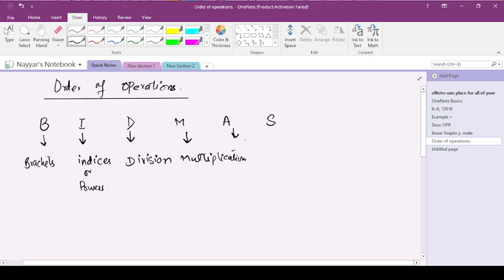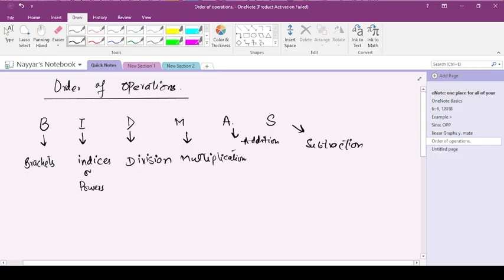A stands for addition and S stands for subtraction. So if you have multiple operations in the question, you have to follow this order to solve it.